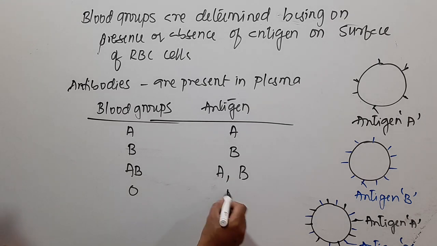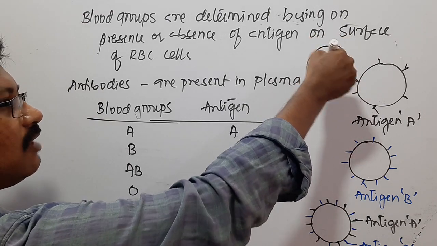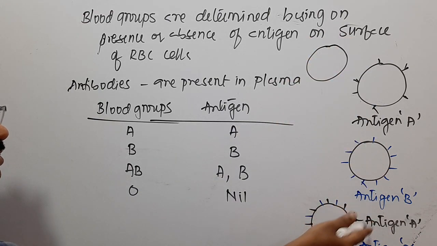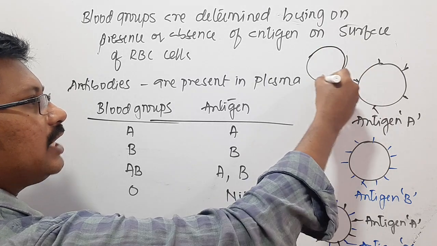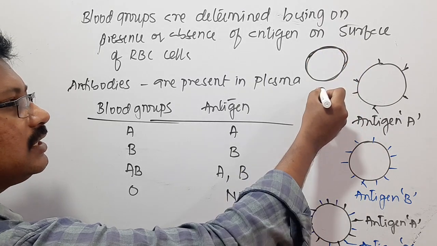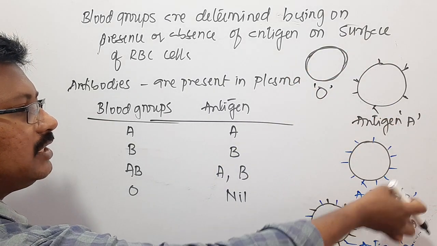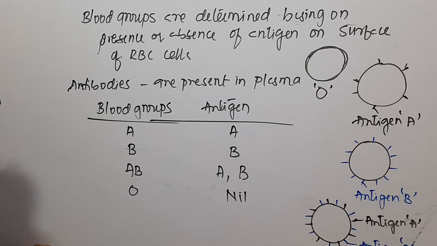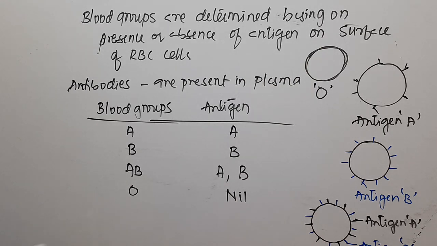If the person has no antigens at all, either A antigen or B antigen, there may be some others, but here we are talking about antigens A and B. So in this case, no antigen A or antigen B is present, hence we call it O.